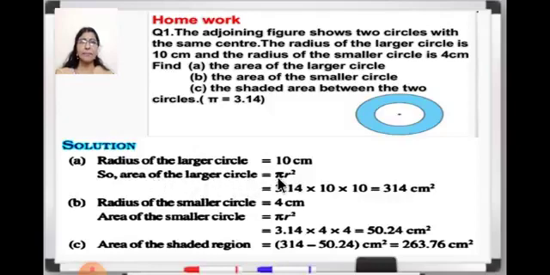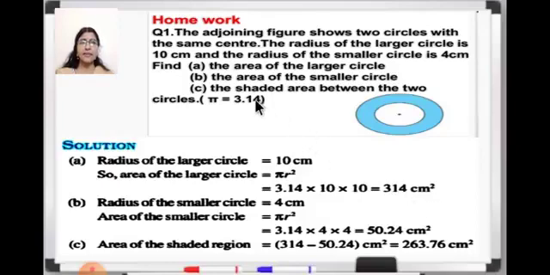So area will be pi r square. Now the value of pi is given as 3.14. So we are going to write in place of pi 3.14 multiplied by, this is the radius, 10 into 10. And 10 into 10 is 100. When you multiply 3.14 by 100, you will get 314 centimeters square.